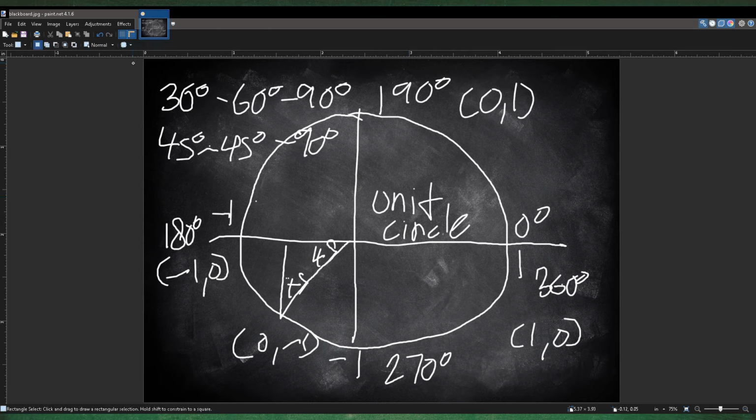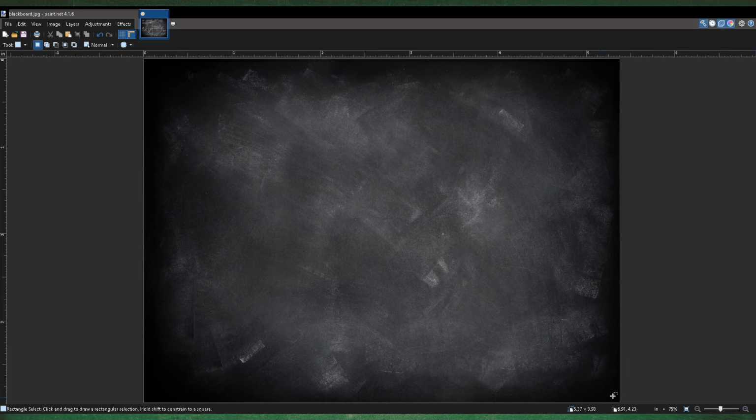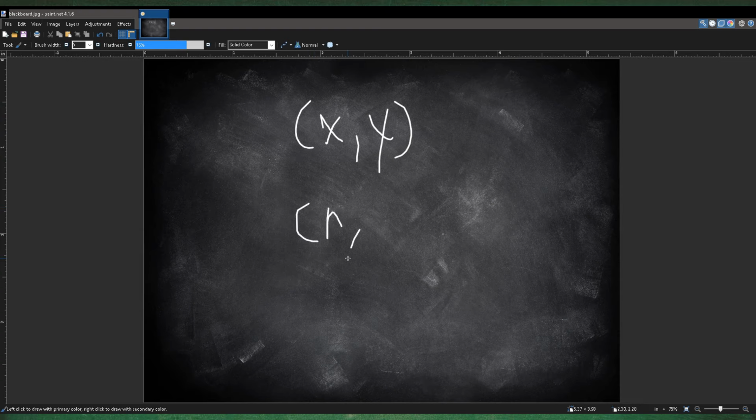So those are the concepts that you need to know for polar, the introduction. So in this video, we introduced the idea of polar coordinates and made the conversions between rectangular coordinates, the x and y coordinates, and radius theta.